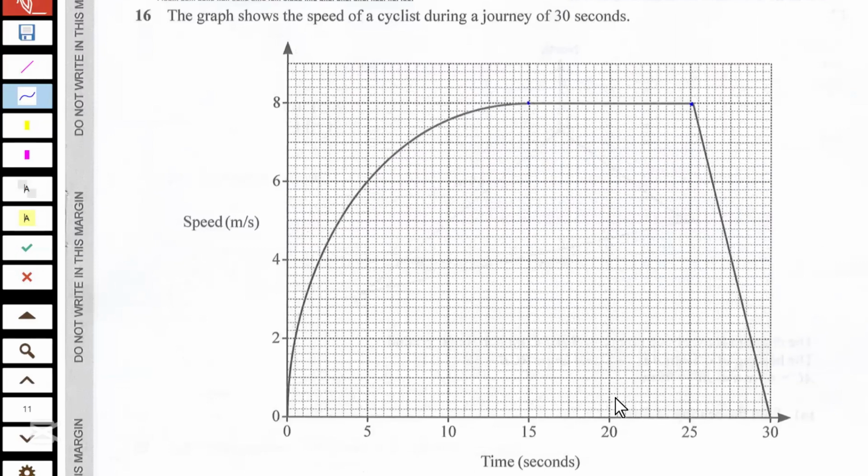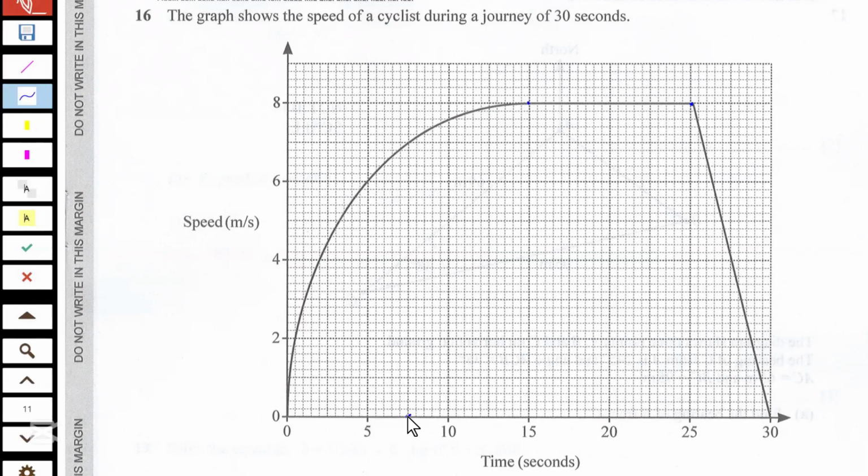On the x-axis, 2 units represent 1 second. So I've got 1, 2, 3, 4, 5, 6, 7, 7.5.